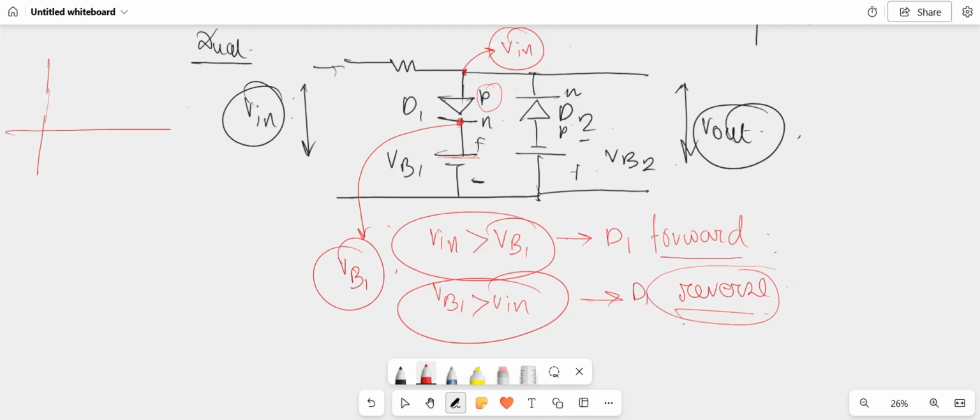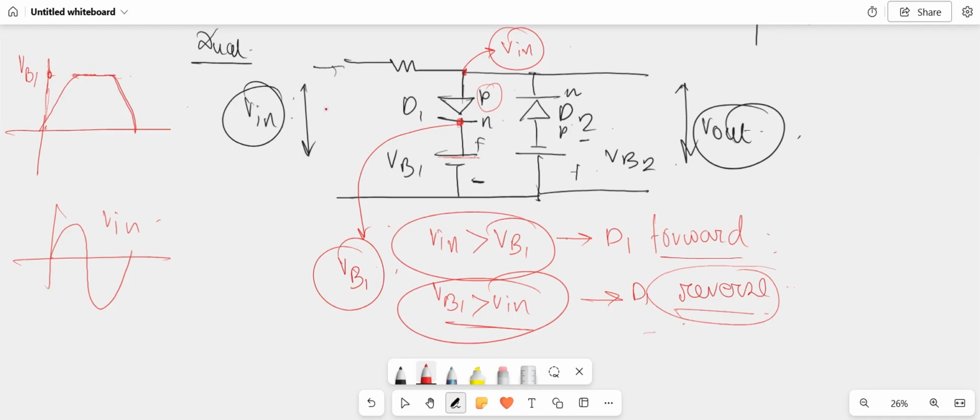As long as V of B1 is greater than V in, the diode will be reverse biased. So suppose the input voltage V in is like this, then up to this point, the diode will conduct for the positive half cycle.